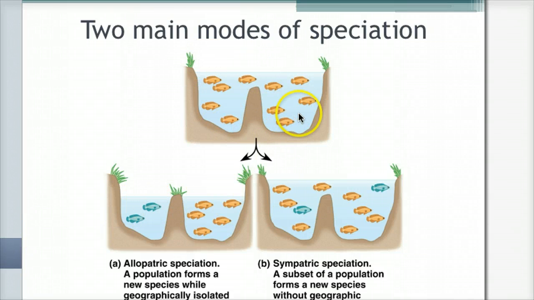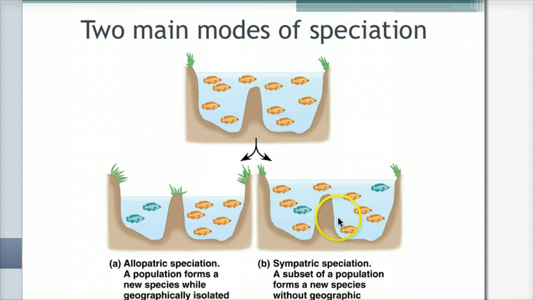So say, for example, you start off with these gold or orange fish. Allopatric speciation, if you look at this picture right here, a new population forms a new species when they're geographically isolated. So one day, maybe this barrier in between gets really significant. Because these two become geographically isolated, now we have two completely different species. Sympatric means a subset of a population forms a new species without geographic isolation.